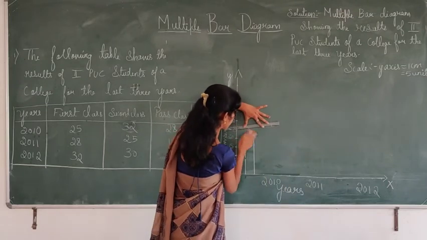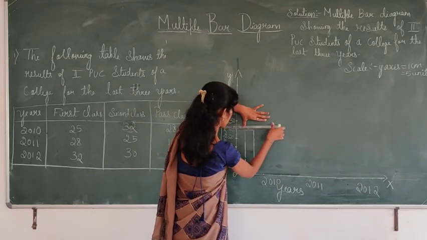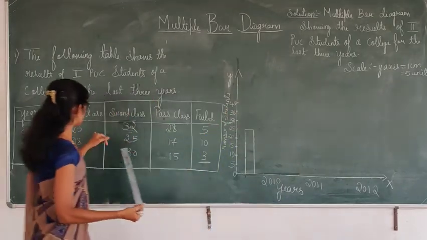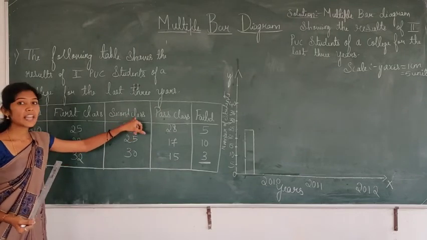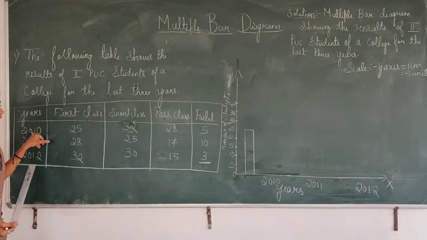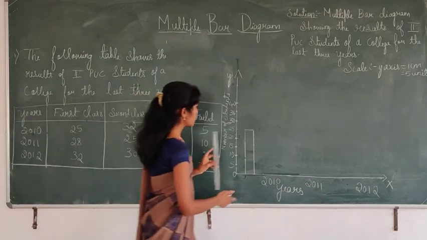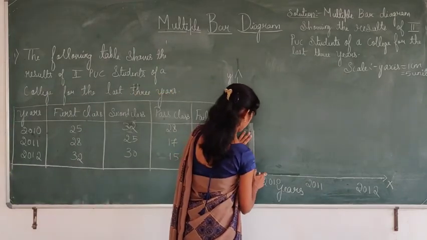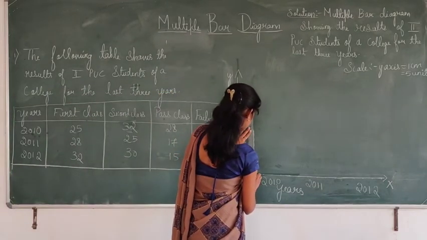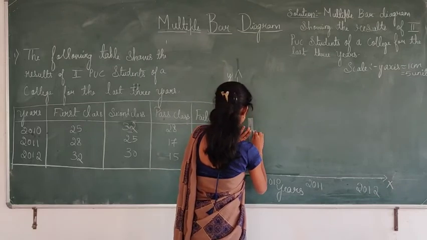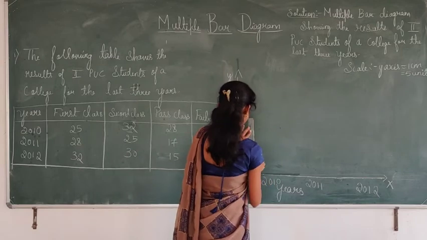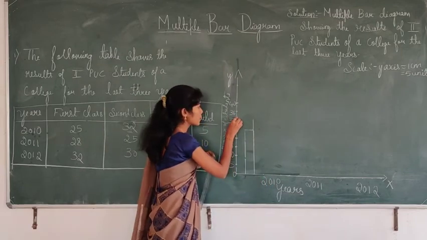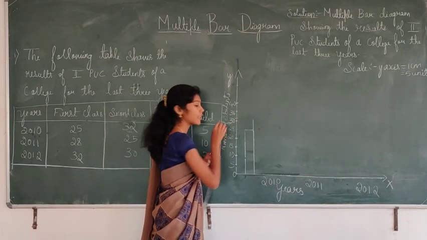Then the number of students who have scored second class for the year 2010 is 32. That is, 32 will come somewhere here.